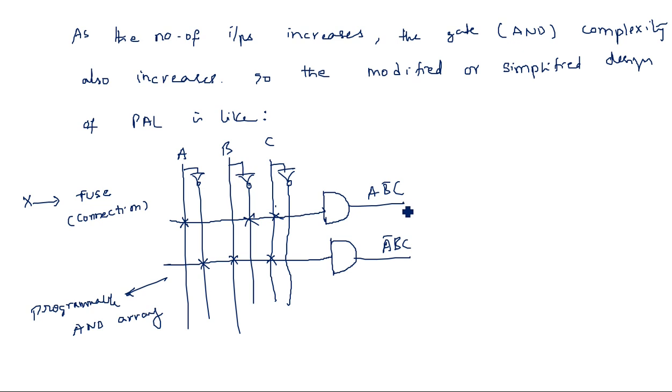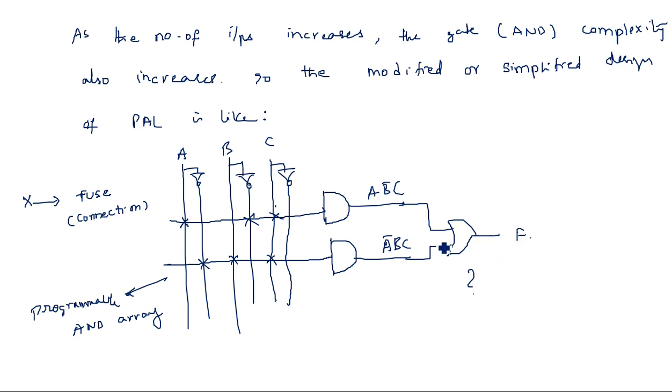Okay, and coming to the OR gate is fixed, so we are taking OR gate like this. Okay, and suppose you may have to ask that if n number of inputs are increased like this for the OR gate, then what about the OR gate size?